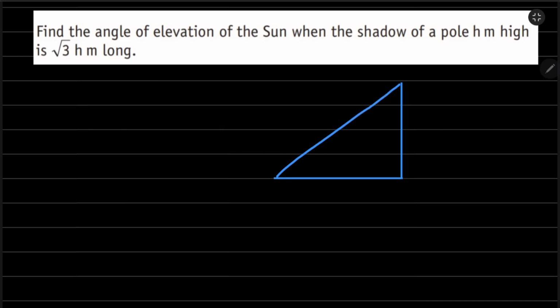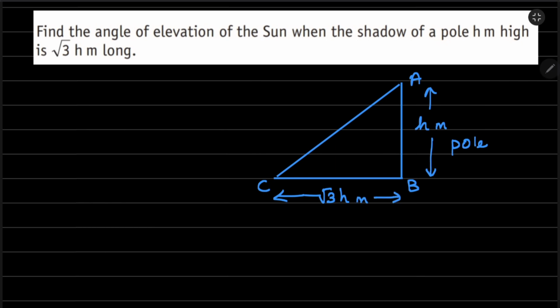Okay. This is a right angle triangle. Let AB be the pole of height h meters, and let BC be the length of the shadow, which is root 3 h meters.